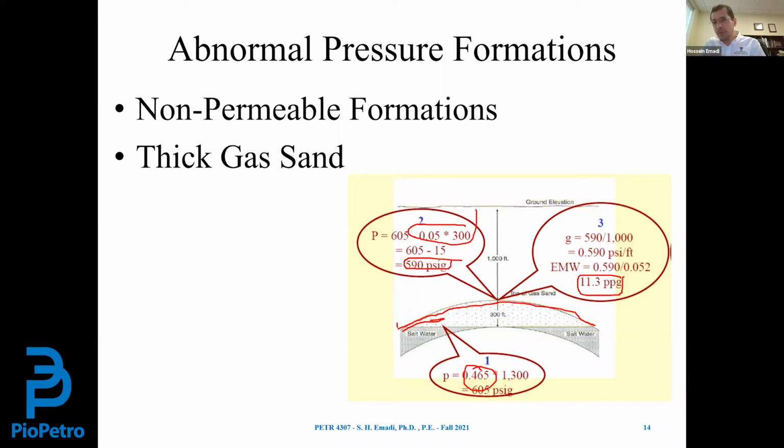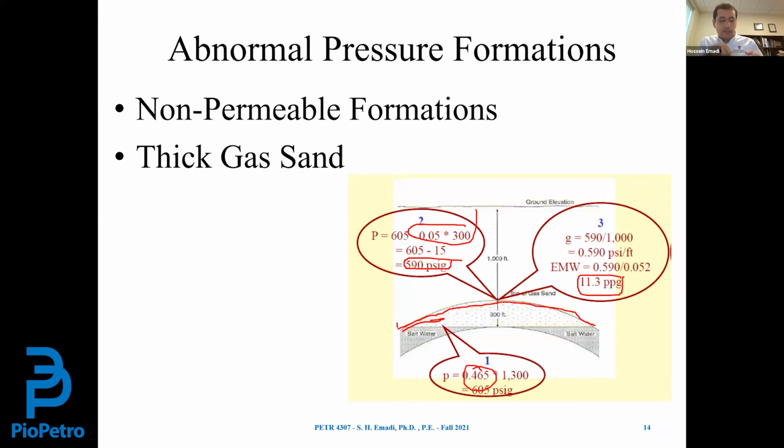Okay, the first part of the question, if I understand it correctly, is how much time do we have once we have a kick? That's a very good question, an excellent question. It depends.